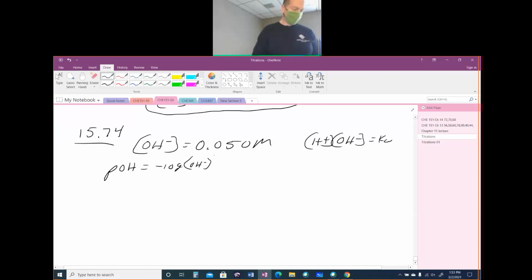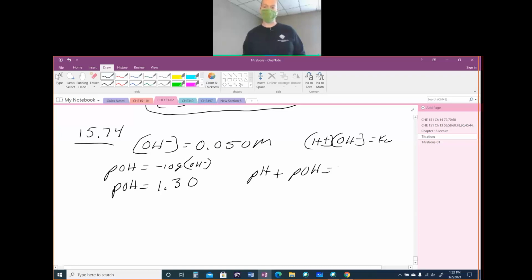So I'm going to take the negative log of 0.05, and I get a POH of 1.30. So my POH is equal to 1.30. And I also know that my pH plus my POH is equal to 14. And so then I can get my pH, which is a 12.70.